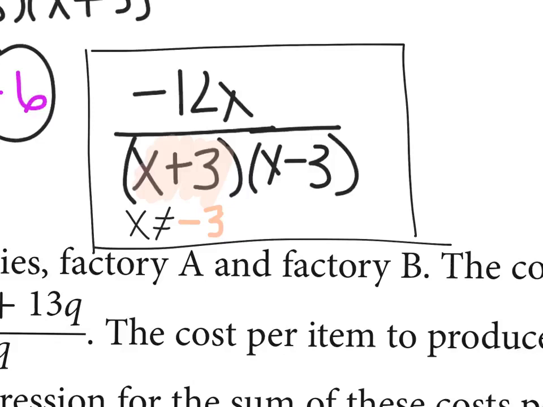My second factor in the denominator is x minus 3. Same thing, I cannot have positive 3 as a value for x, because then again my denominator would be 0. So negative 12x divided by x plus 3 times x minus 3 is my answer, where x cannot be negative 3 or positive 3.